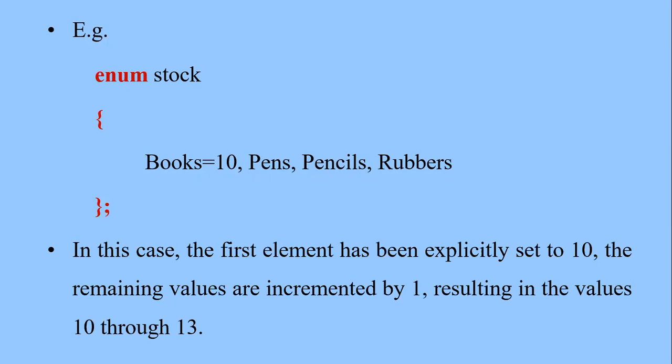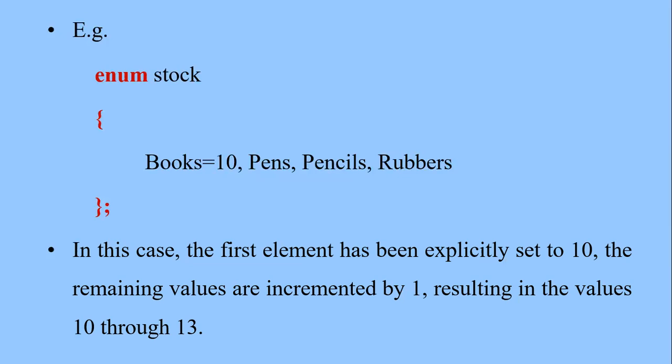So if you want to initialize the first element within the list, you assign it a certain value, and the rest of the elements will be 1 position ahead based on their order. For example, pens will be 11, pencils will be 12, rubbers will be 13. Instead of books being 0, pens being 1, pencils 2, and rubbers 3.